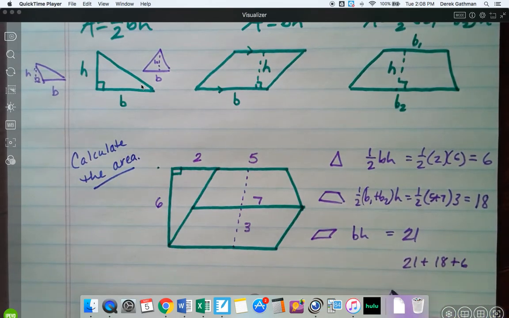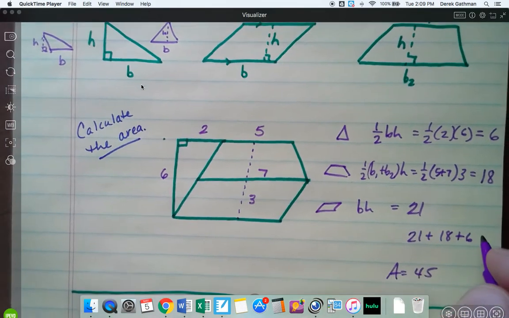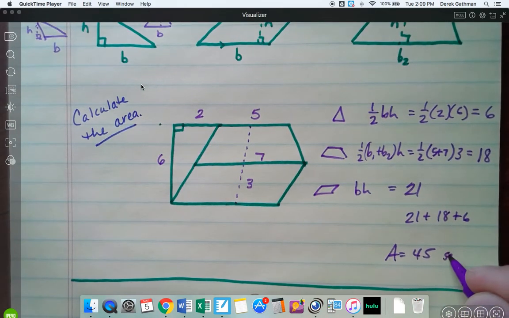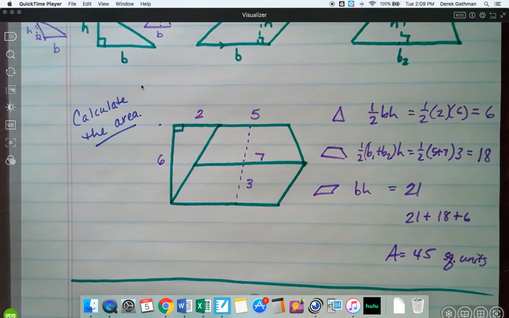And your total area then is going to be 45 square units. So pretty straightforward what we're working with here again. We do add in the trapezoids and the kites. But the formula for a kite is pretty straightforward.